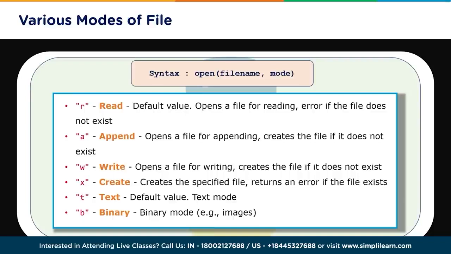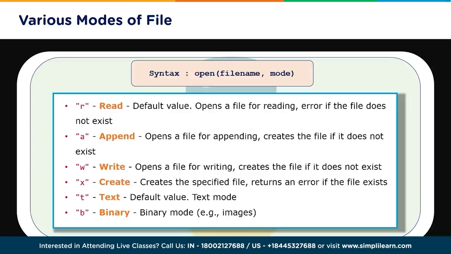X creates the specified file, and returns an error if the file exists. So you cannot create an already existing file, you need to give a different name. Then the next mode is the T mode, the text mode, which is the default value. So by default, when you open a file in Python, you are basically opening it in default read text mode.